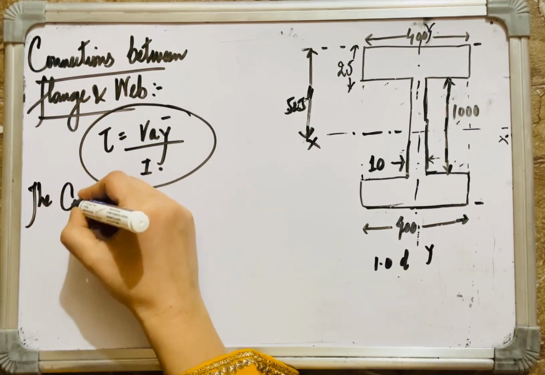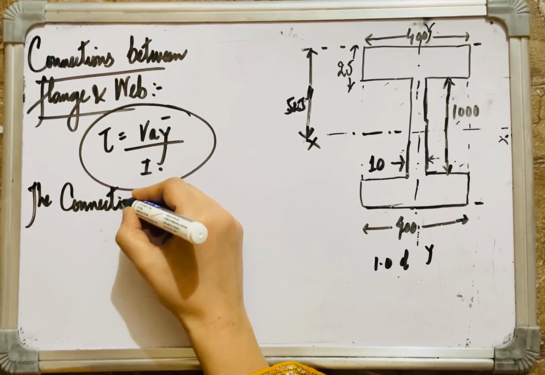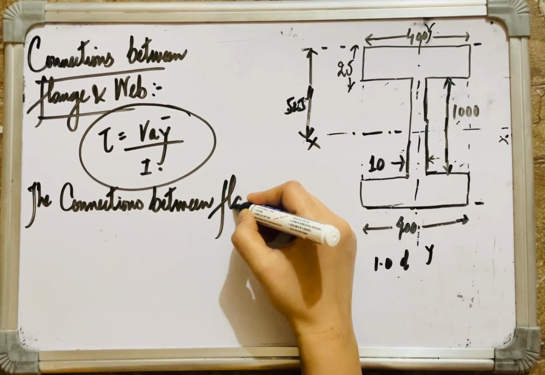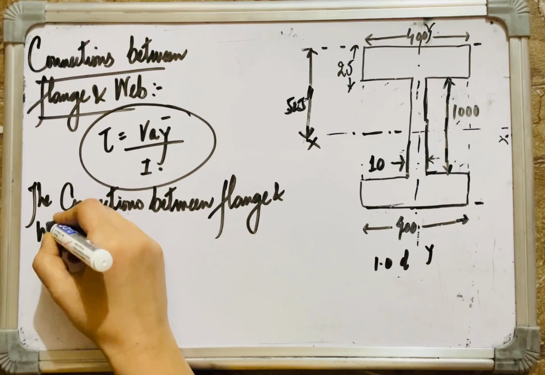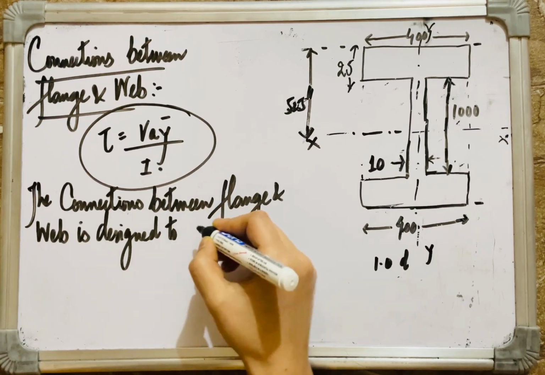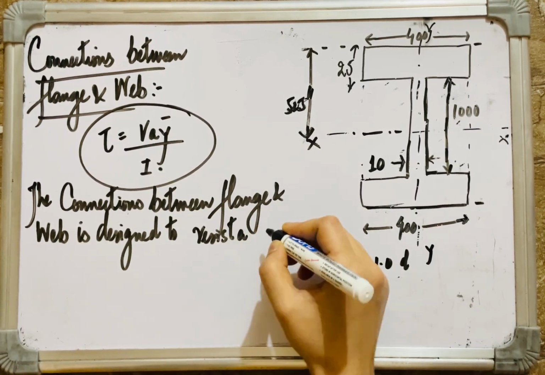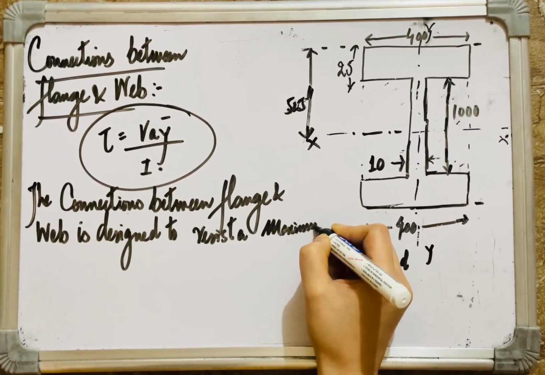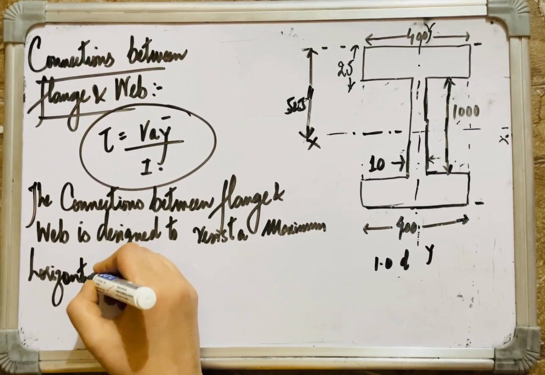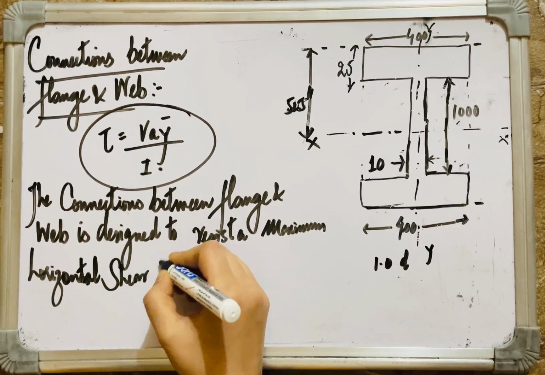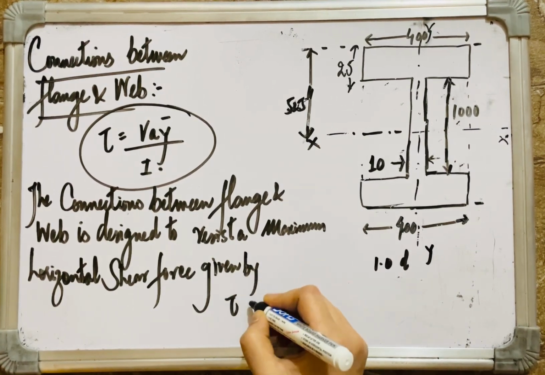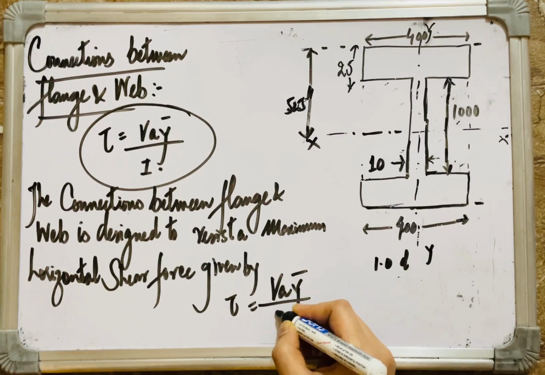The connections between flange and web is designed to resist a maximum horizontal shear force, given by tau is equal to V A y bar divided by I.